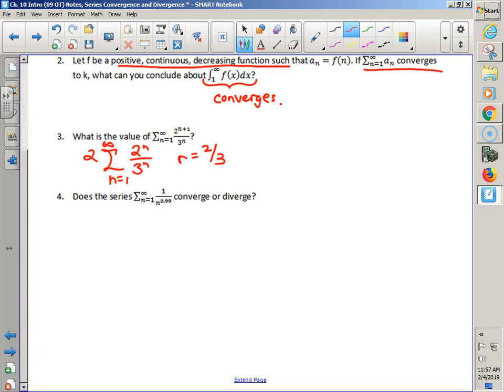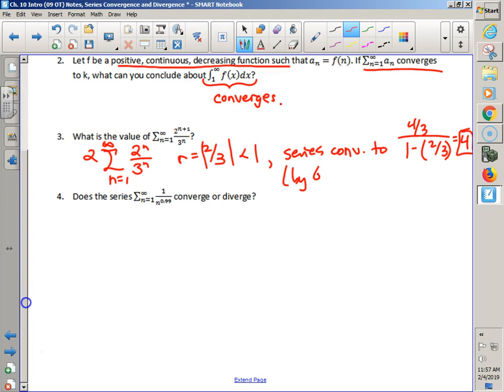And 2/3 is less than 1, which means the series converges to a sub 1 over 1 minus 2/3, which would end up equaling 4, technically by the geo series test. Technically they were just asking what the value is, but I was showing why it converged and reminding you guys that the test does lead you to the infinite sum if it exists. So we could have just put 4.